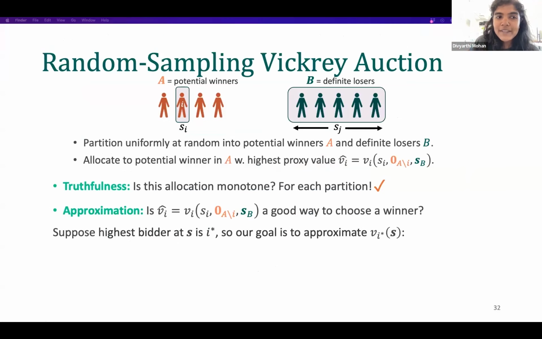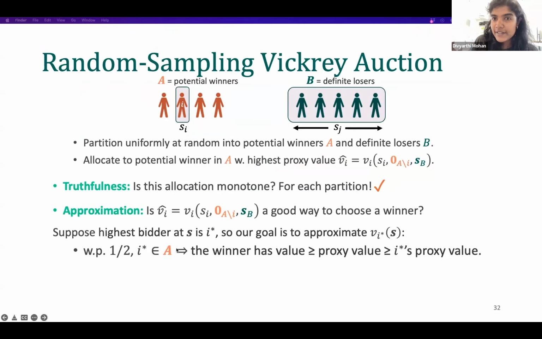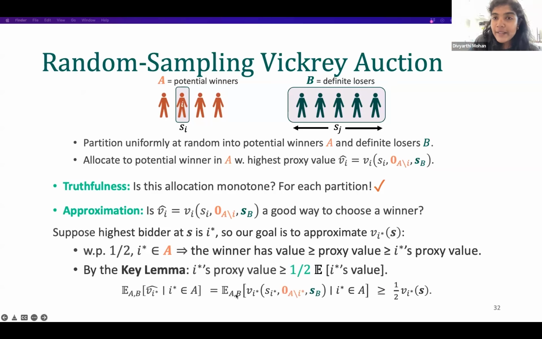And now note that if the highest bidder is in A, which happens with probability half, the winner of the auction who has the highest proxy value also has a value greater than i's proxy value, right? And by the key lemma, we know that any agent i's proxy value is half of the true value. To get a good approximation to the social welfare, I just need to make sure that my final welfare is somewhere close to the value of the person with the true highest value, i star.